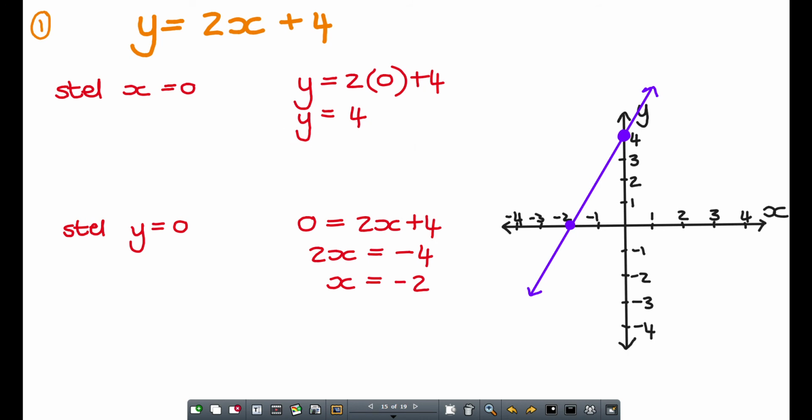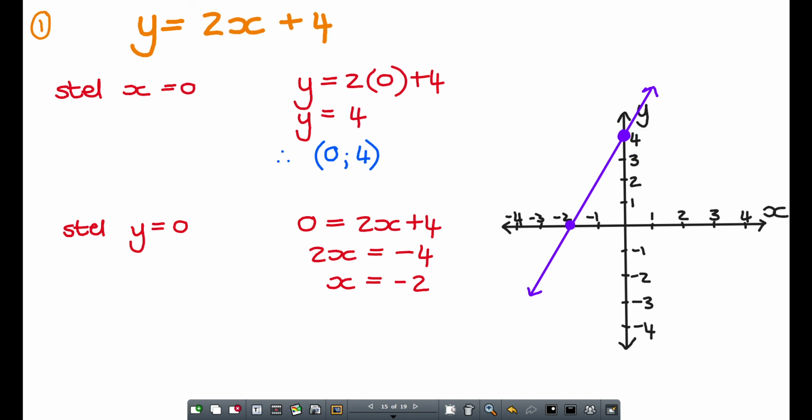So if I write this in coordinate form, what did we say the x value is here? X is 0. Sien julle daar ek vir x is gelyk aan 0 gaan instel. And the y was equal to 4. En dit is presies wat jy hier ook het. Sien julle daar? X is 0 en y is 4.